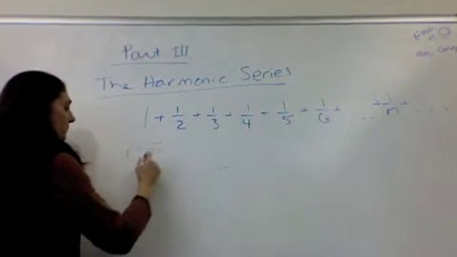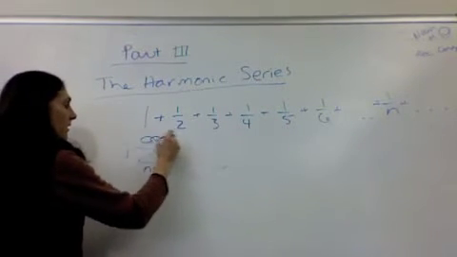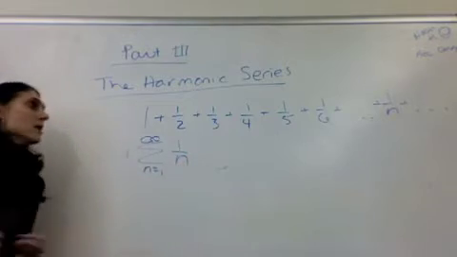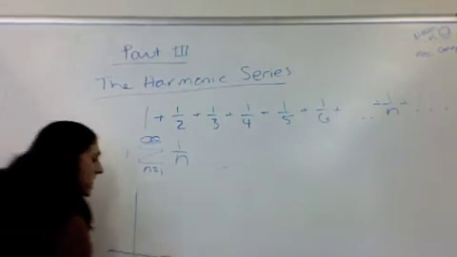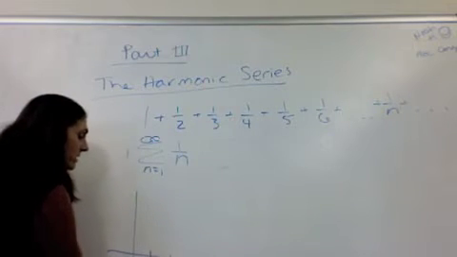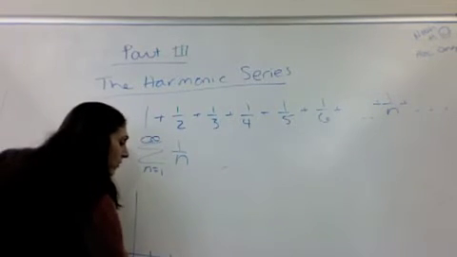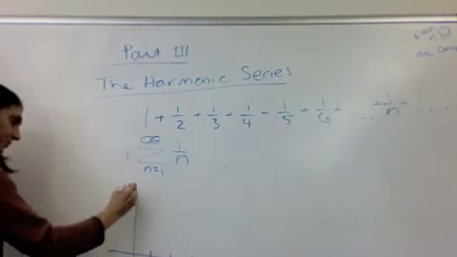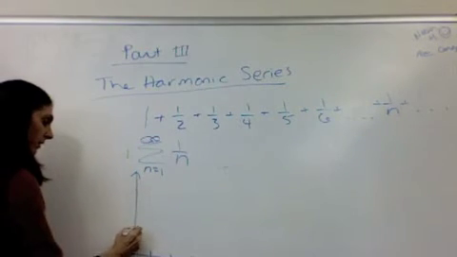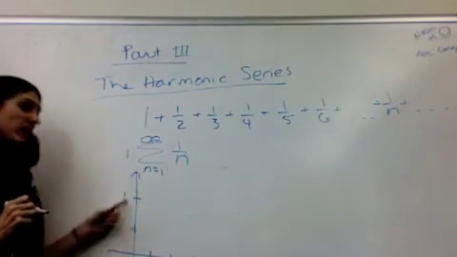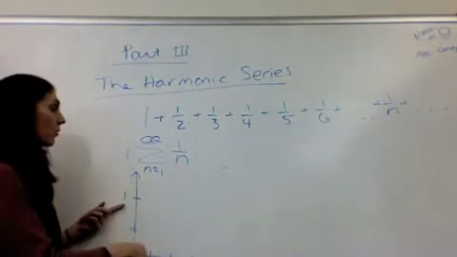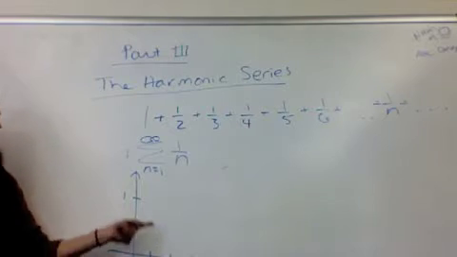Let's make this not quite to scale. I'm going to make this one bigger. That's 1. When n is 1, we get a dot at 1.